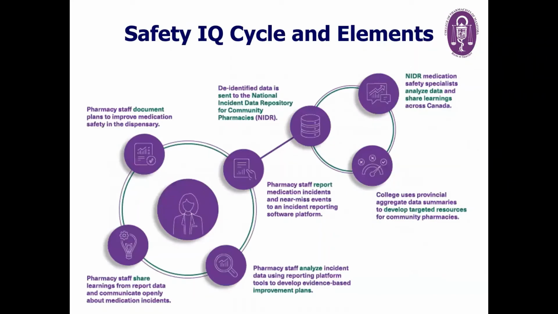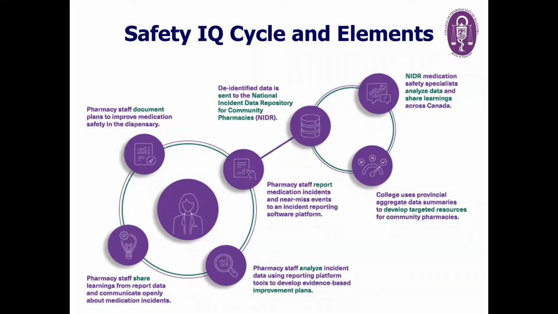So the Safety IQ program includes 4 elements that create the Safety IQ cycle, which is shown in this graphic. The cycle includes report, analyze, share, and document. So community pharmacies report medication incidents and near-miss events to a reporting software platform so they can track events.